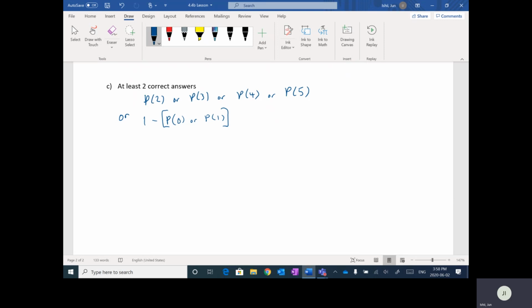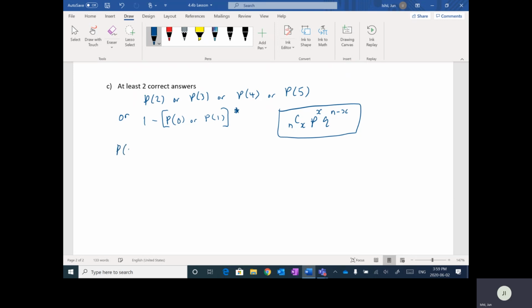Again, the formula here was n choose x, p to the x, q to the n minus x. Don't ask me why I have this memorized, I just do. So this is the method I'm going to use to get the answer.